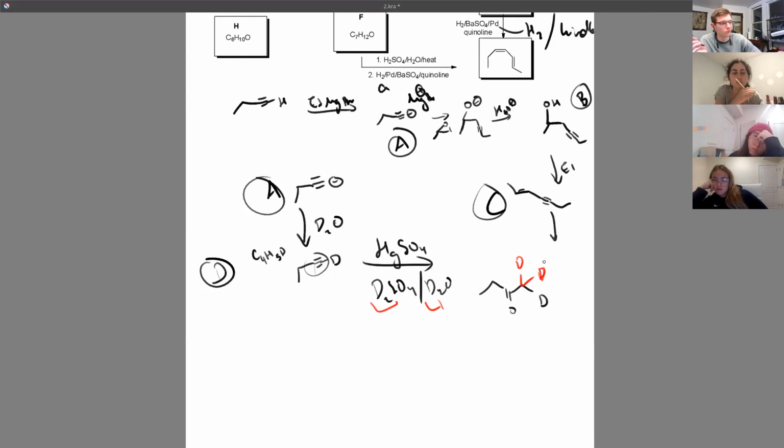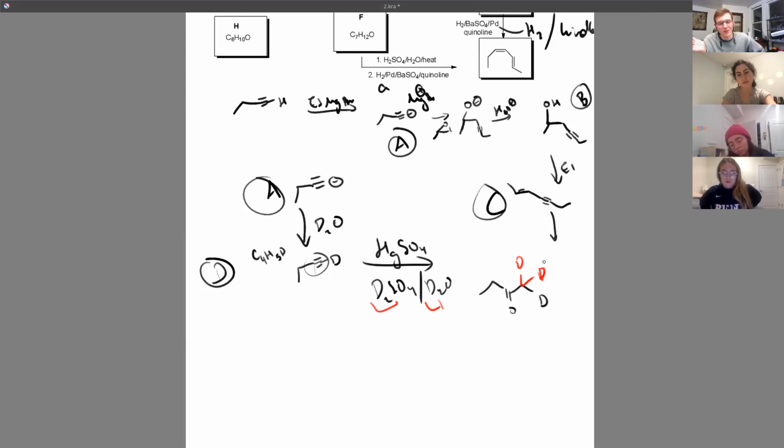Wait, are the hydrogens from the deuterium and the HgSO4, or are they from the D2O? They're from the D2O, okay, or the D2SO4. I think one comes from the sulfuric acid and the other one comes from the D2O. Don't quote me on that. If you had, for example, H2SO4 and D2O, you can't really say what would happen, because hydrogens swap off really easily.